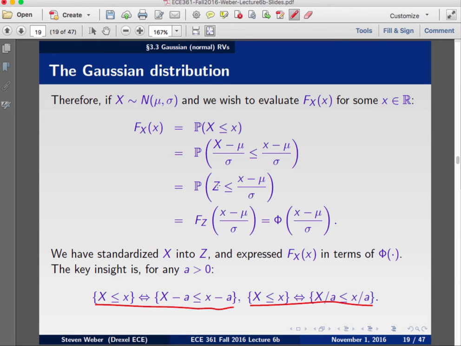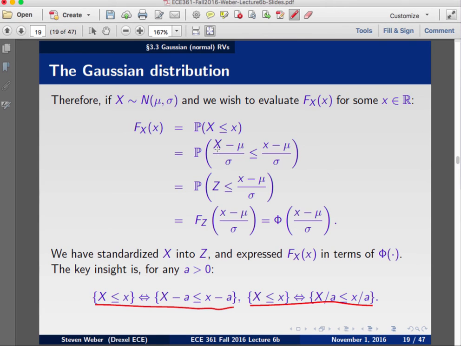So note I've used two key properties in going from here to here. First, I've used the fact that the normal distribution is closed or stable. When I form this linear scaling, I'm confident that this new linearly scaled version of x is also normal. Also, I'm using the standardization trick.